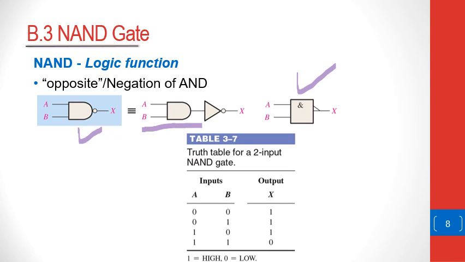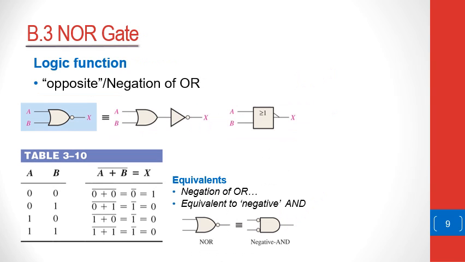It operates like an AND gate plus a NOT gate towards the end. So it simply does the opposite of the AND gate, in the sense that the output is high if not all inputs are high. So go back to the AND gate and compare. You will see it does the opposite.